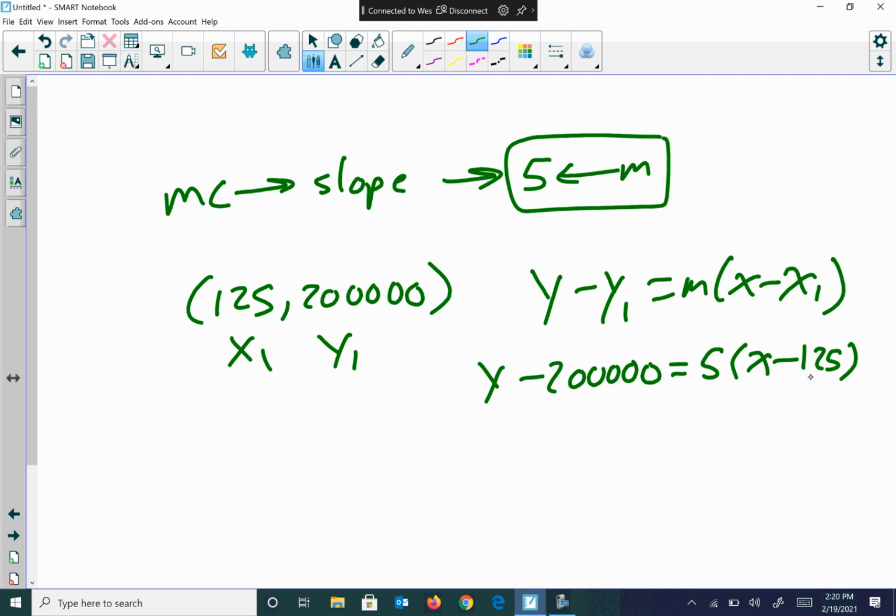So 5 times 125, and then add 200,000 to that. So this is going to be y equals 5x plus 200,625. So that right there would give us the cost function. That gives me a cost function to that.